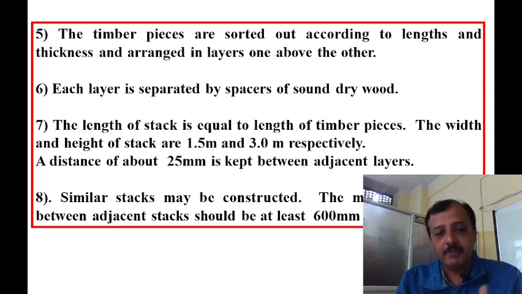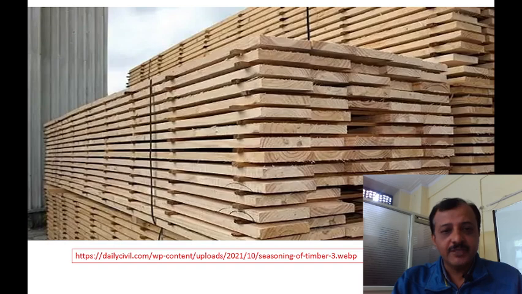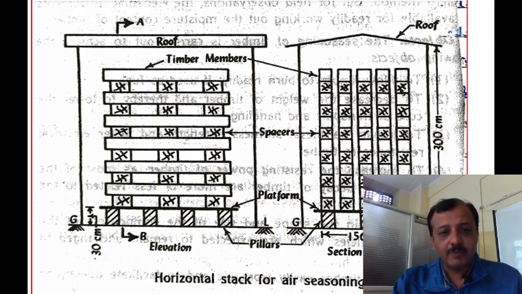Similar stacks are placed in large spaces. This is how the timber arrangement is done, and this is how natural seasoning takes place. Because of this placement, the air gets circulated inside, and naturally the seasoning takes place.